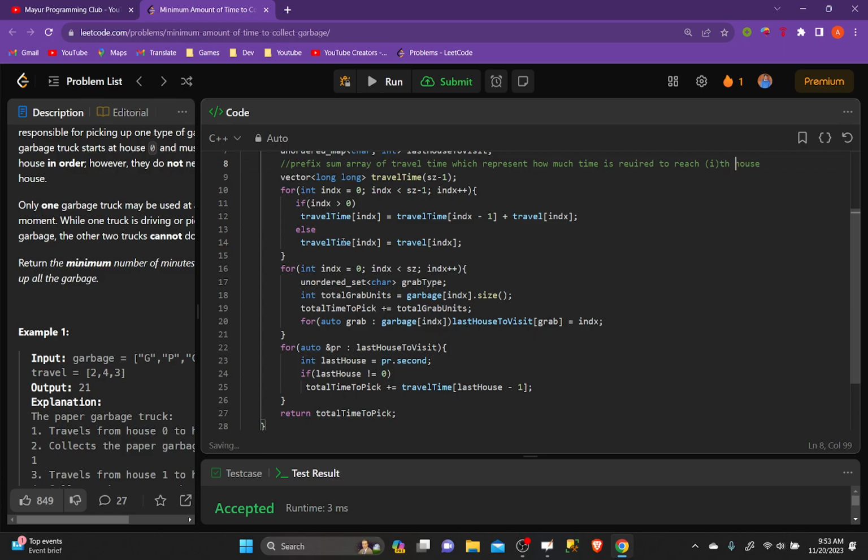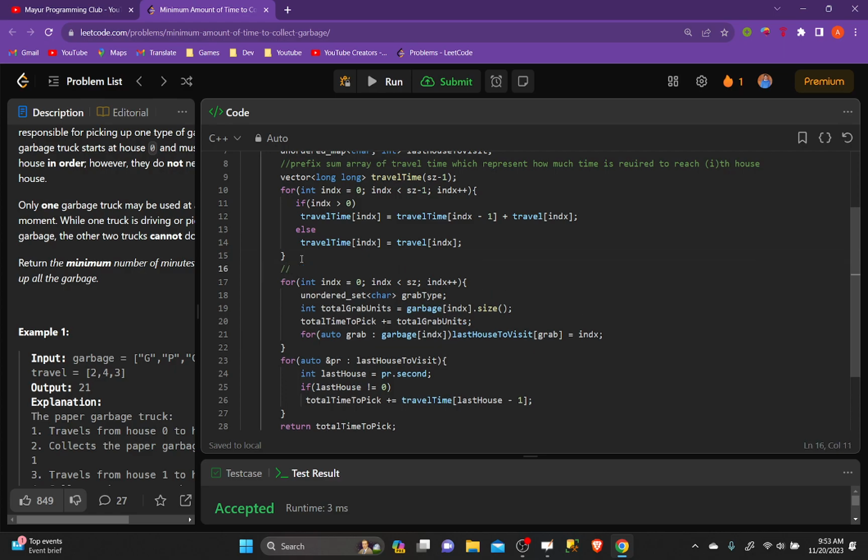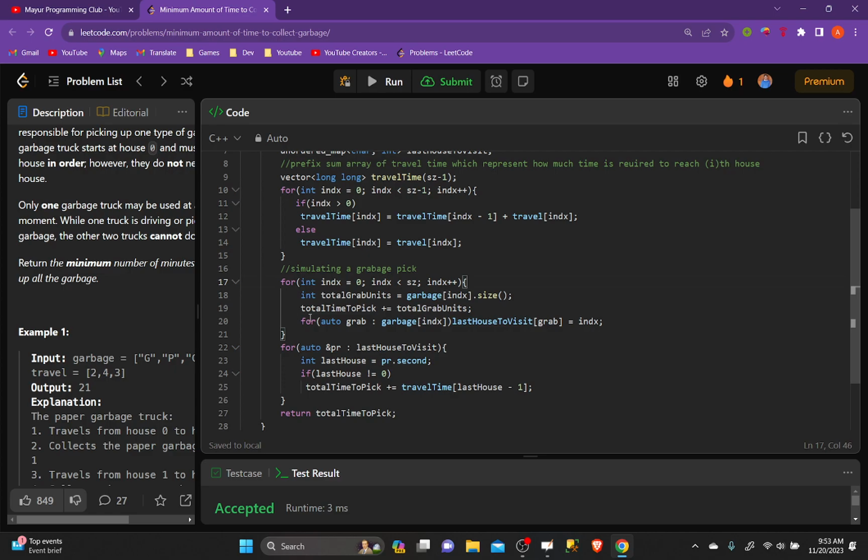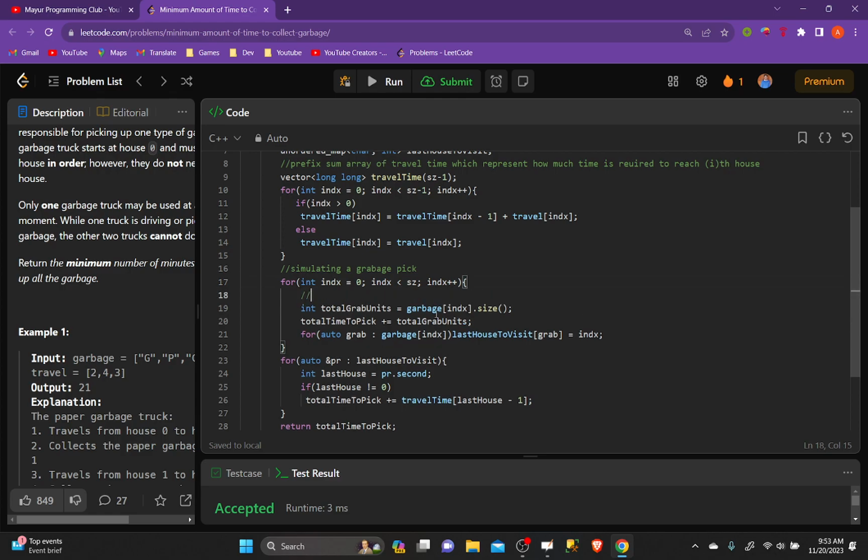And then you will do a simple simulation. Here what you are doing is, the number of garbage units that you will be picking will require one unit each.